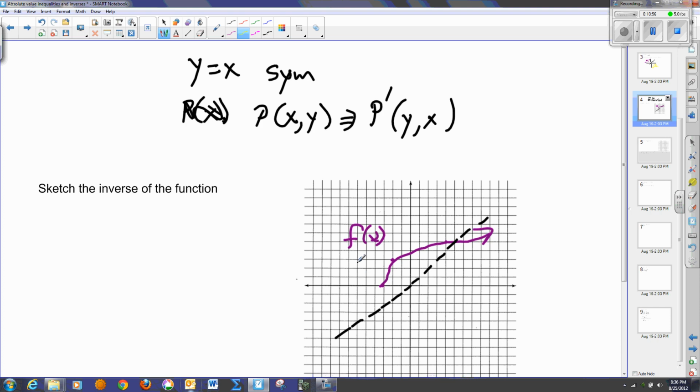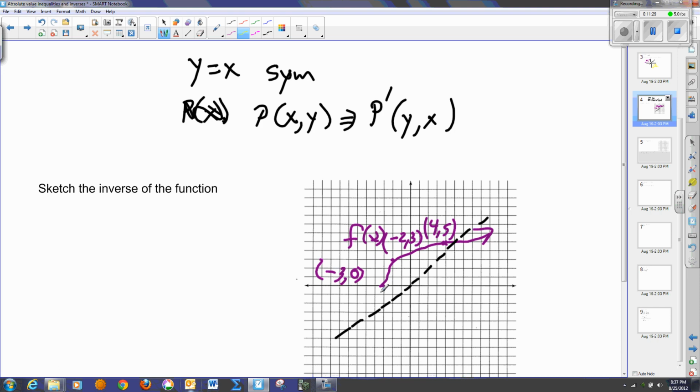So this is the point -3 and 0. This is the point -2 and 3. And this is the point right here, 1, 2, 3, 4, and 1, 2, 3, 4, 5. Now, if I want to be fairly accurate and reflect this over the line, I just flip all the x's and y's.